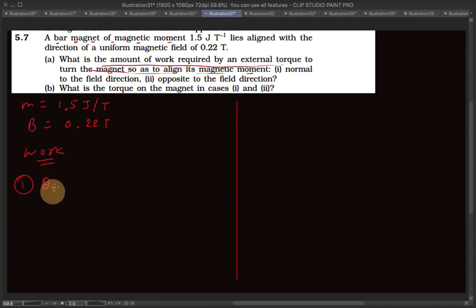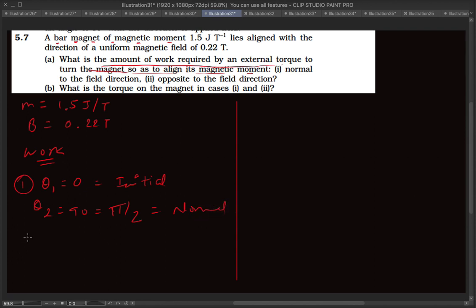So first of all, my theta 1 is the initial angle, which remains as it is, and theta 2, as per my condition, is normal, or you can say pi by 2, it is my final angle. So this would be pi by 2, it is normal.